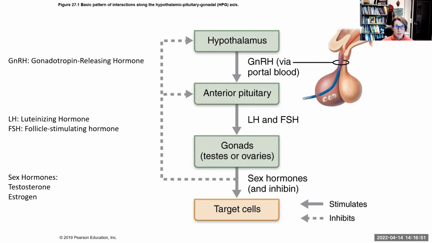The hormone that is going to release something that impacts the gonads, and tropin just means one hormone affects another. So that gets released from the hypothalamus, and that stimulates or promotes the release of LH and FSH from your anterior pituitary gland. LH stands for luteinizing hormone.